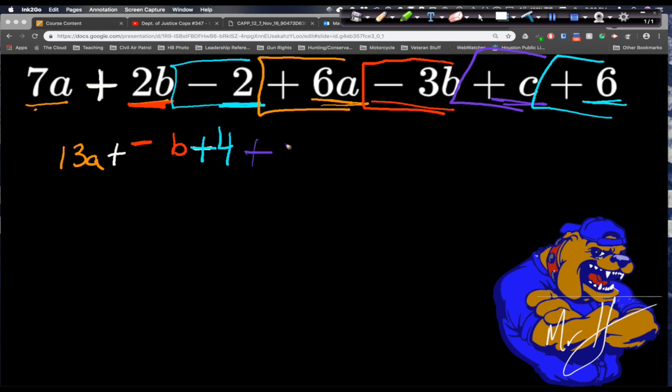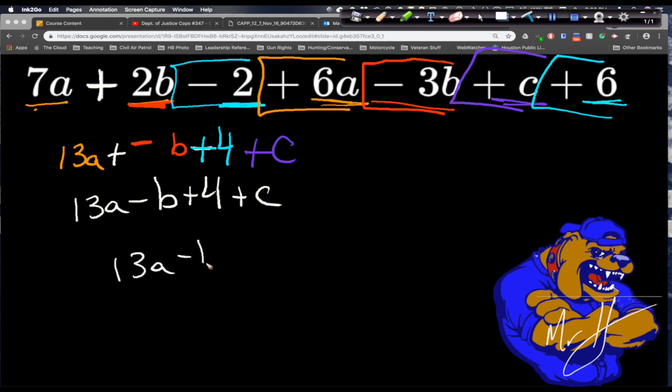So I'm going to go plus c right there. And you should have come up with 13a minus b plus 4 plus c. And for those of you who want to write it truly algebraically, 13a minus b plus c plus 4.